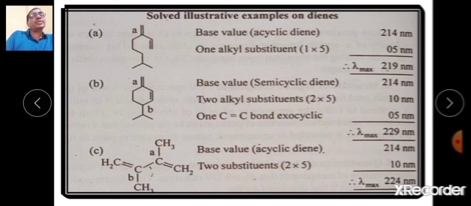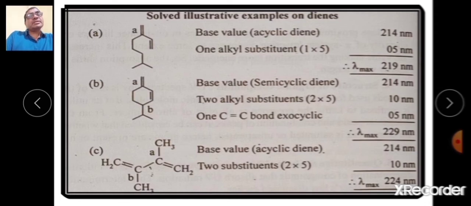Therefore for acyclic diene the base value is 214 nanometer, and one alkyl substituent adds 5 to the base value, and therefore lambda max becomes 219 nanometer.